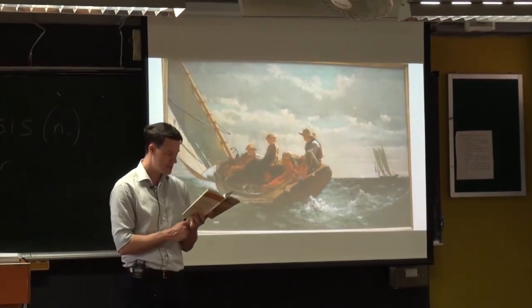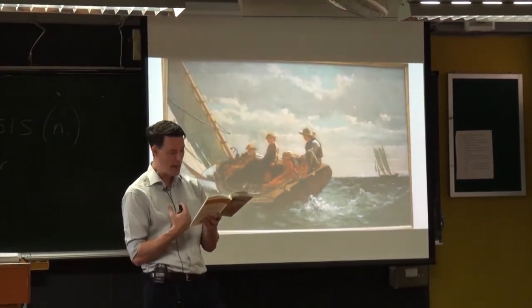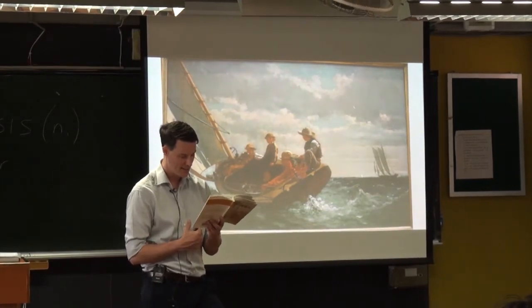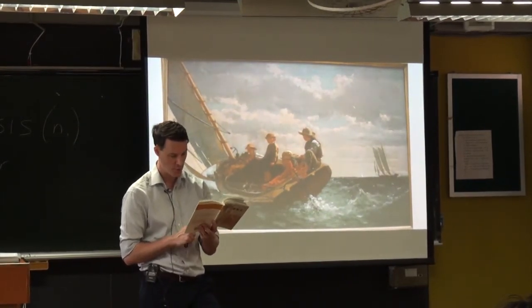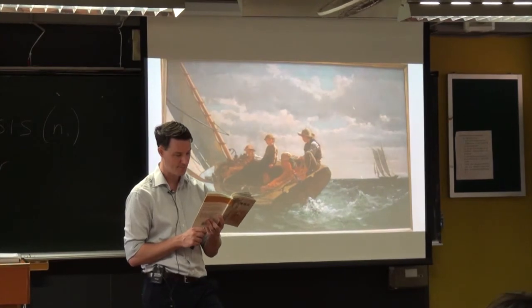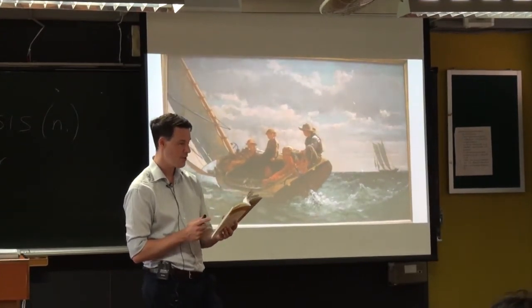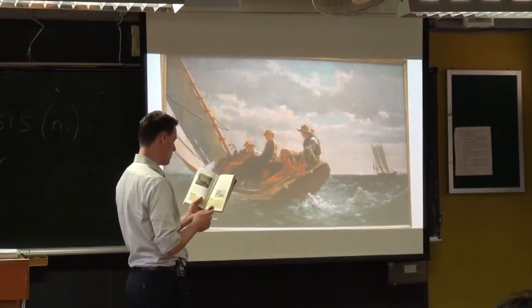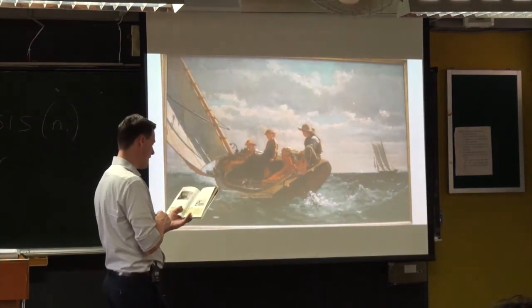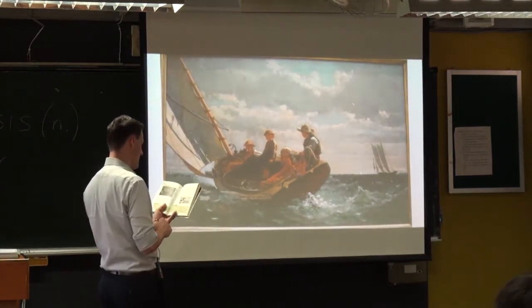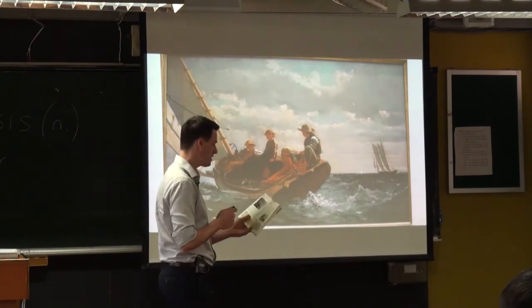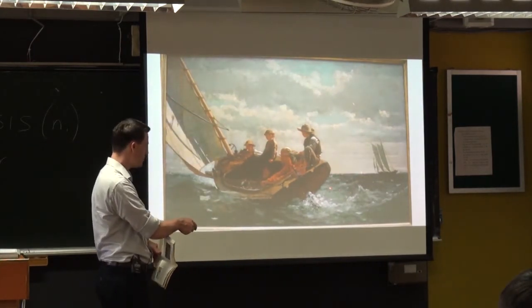We can almost feel the power of the wind on our faces in Homer's Breezing Up. The straight horizon line where the ocean meets the sky helps to balance the painting and reassures us that there is no real danger.